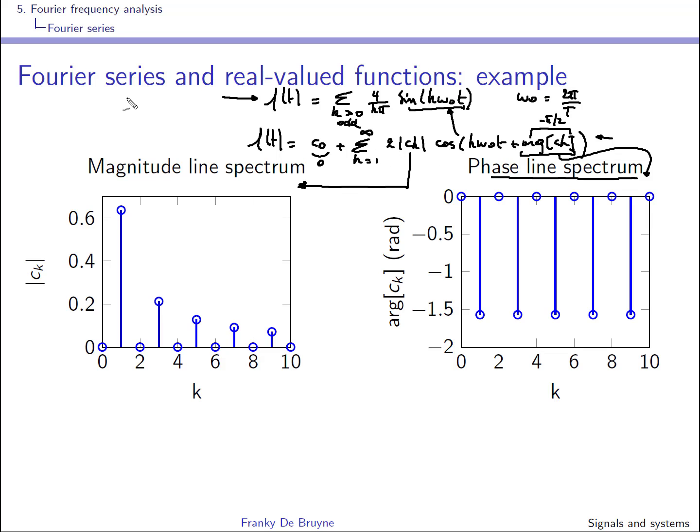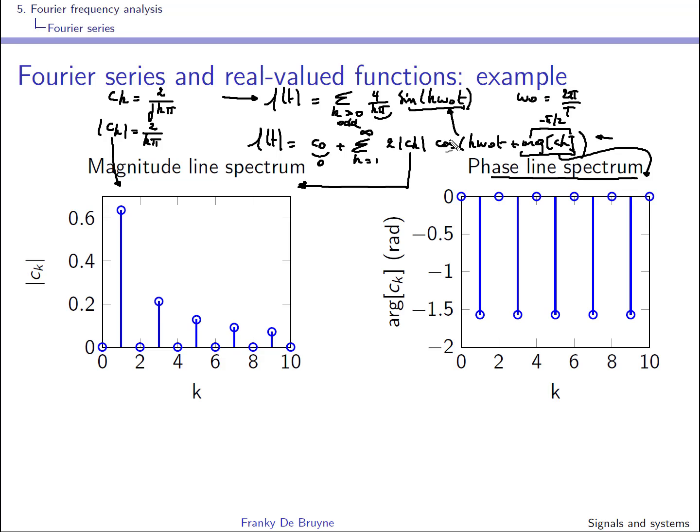Remember that ck was equal to 2 over jk pi, so the modulus of ck, which can be read over here, is 2 over k pi. Indeed, 2 times the modulus of ck is what you read over here.